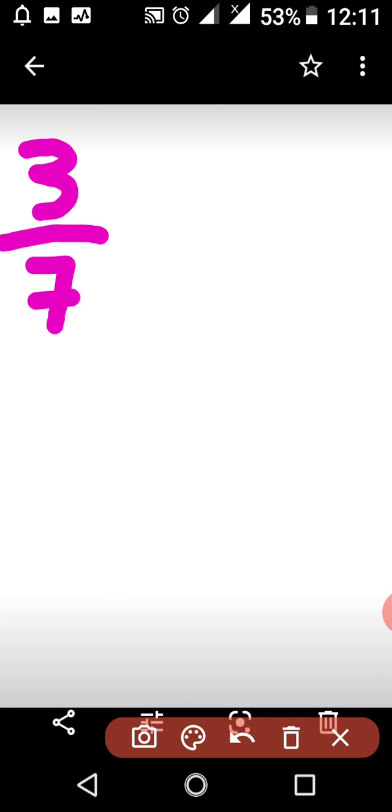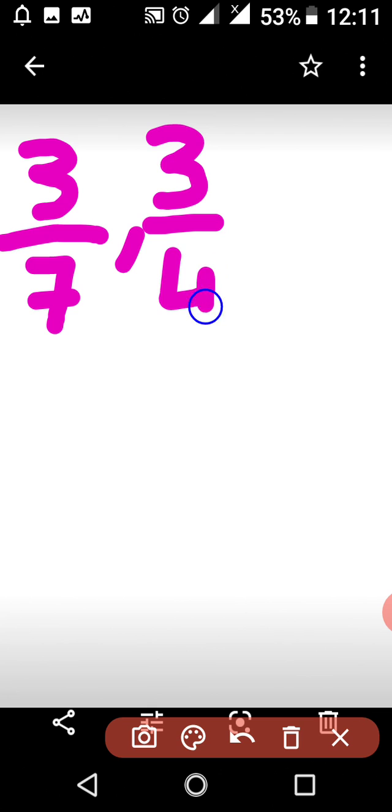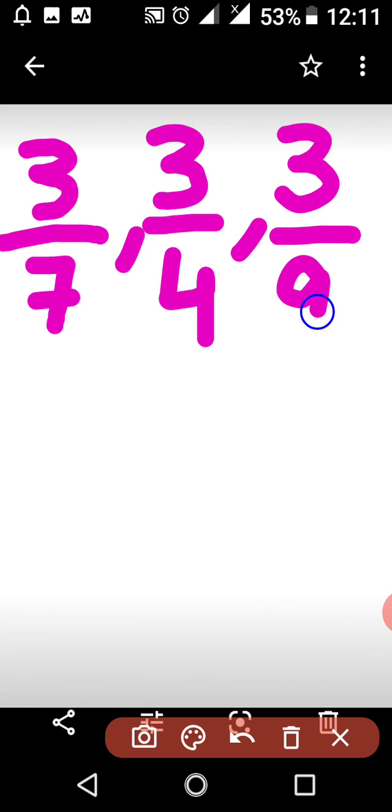Suppose we want to compare fractions 3 by 7, 3 by 4 and 3 by 9. If you observe, the denominators of the given three fractions are 7, 4, 9.